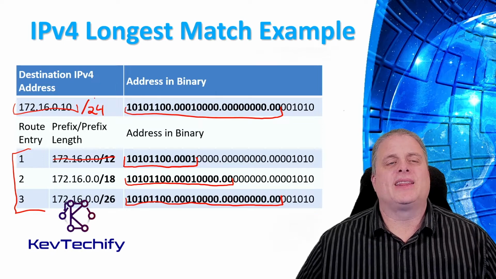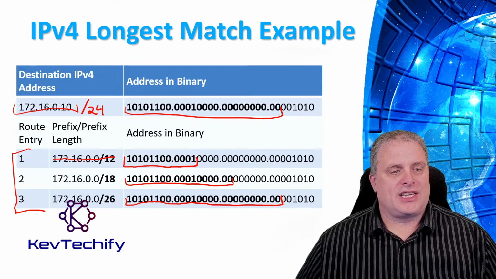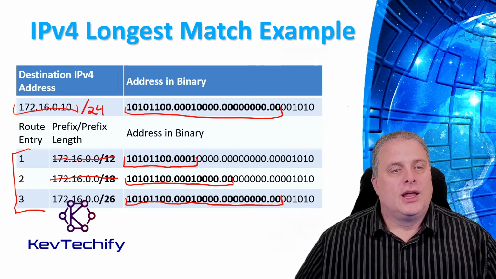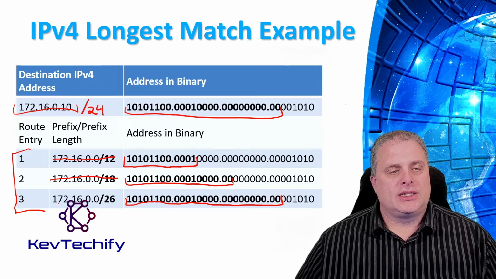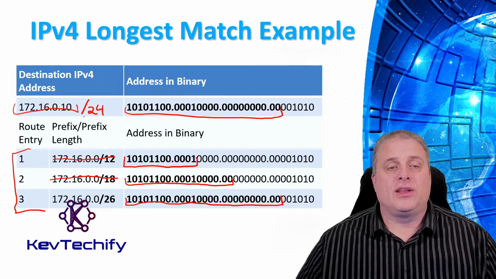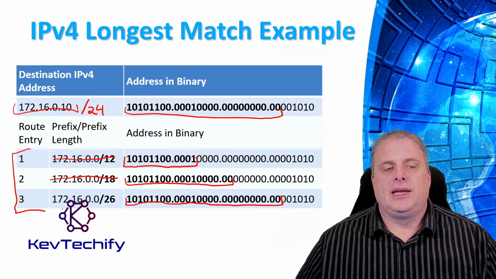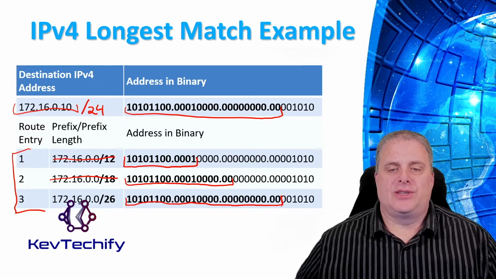You have to be at least the prefix length. The second entry is a /18, which is less than 24. We couldn't even use that one. The only one we could use is the third entry. It's a /26. It's more than that /24. And so we at least match the prefix. So you have to at least match the prefix length to use that routing entry in the table.